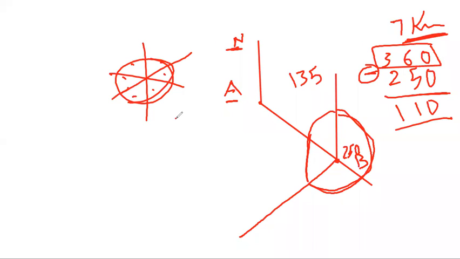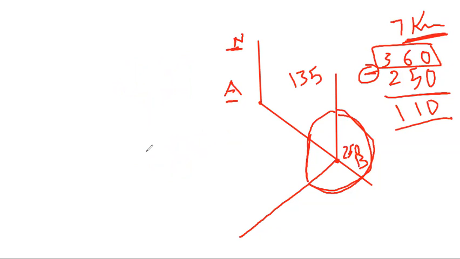Okay, so if all of these angles is 250, the last angle here will be 360 minus 250 equals 110. That's right? Yes. So if your angle is more than 180, subtract it from 360 and draw it in the other direction, anti-clockwise.